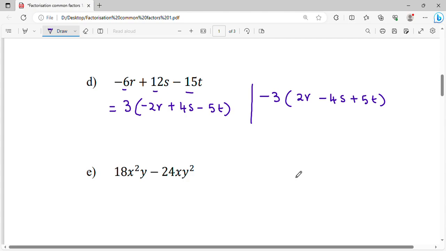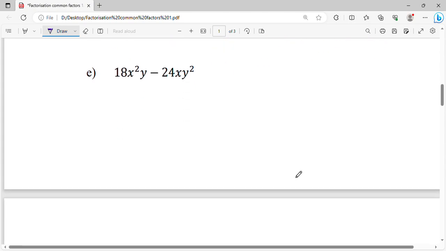Now let's move on, and we have many more common factors here. First, between 18 and 24, the common factor is 6 because 6 times 3 and 6 times 4, that's the highest common factor. The highest common factor between x squared and x is x, and the highest common factor between y and y squared is y.